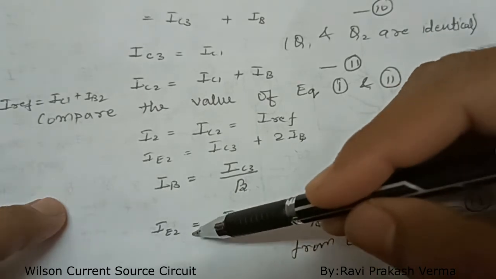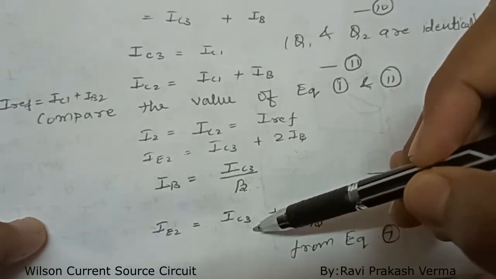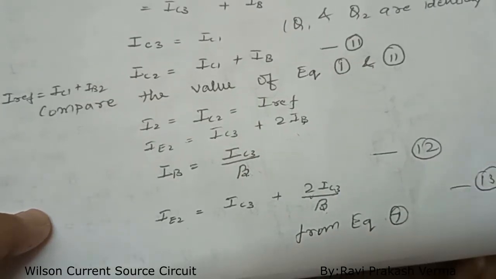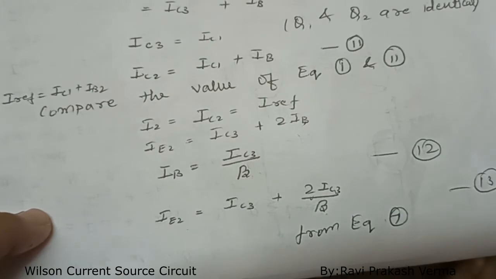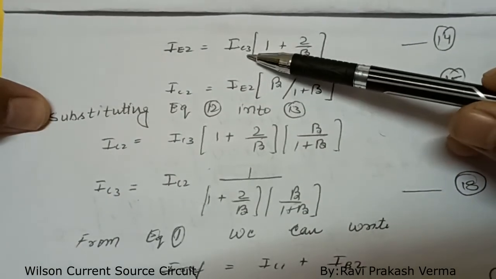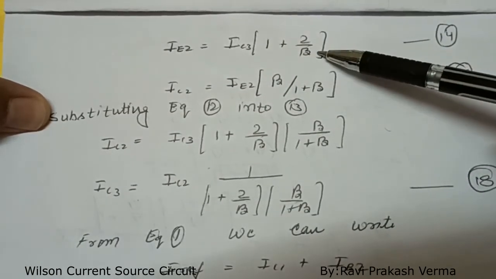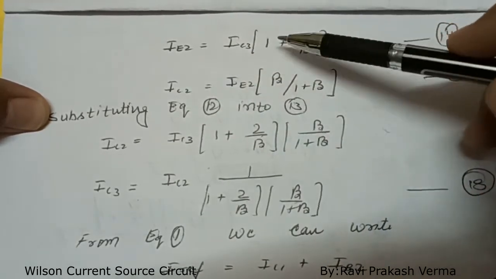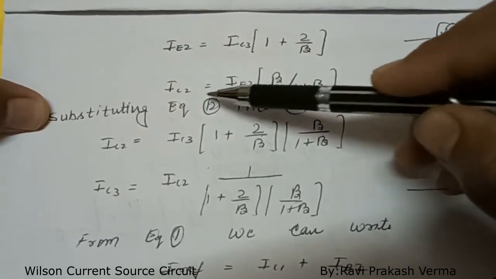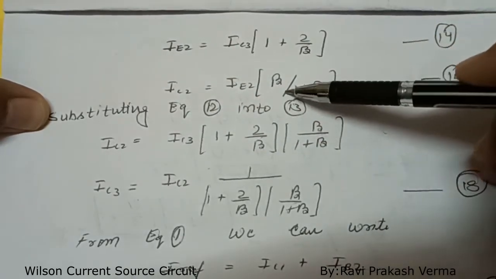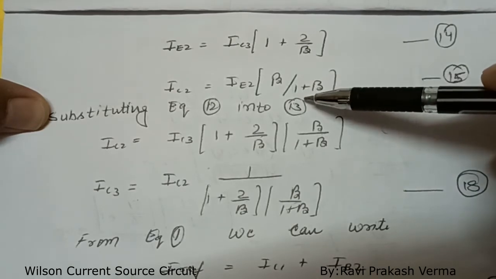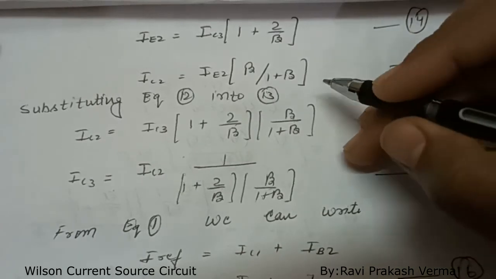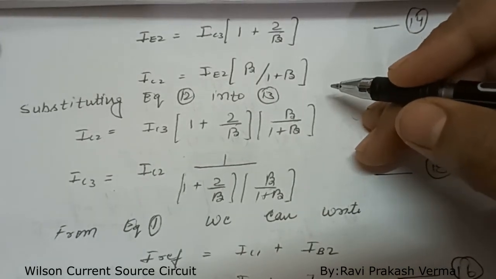It becomes IE2 is equal to IC3 plus 2 IC3 upon beta, equation number 13. Now take IC3 common, and in brackets 1 plus 2 by beta. Then moving this to the denominator, IC2 is equal to IE2 times beta upon 1 plus beta. This equation number 15 can also be obtained from the current gain relation.